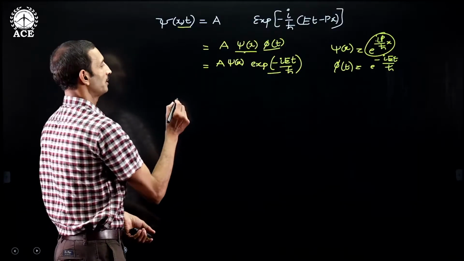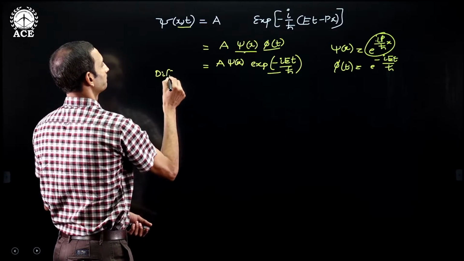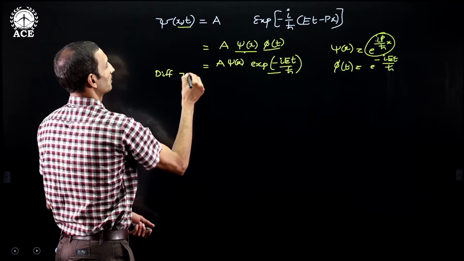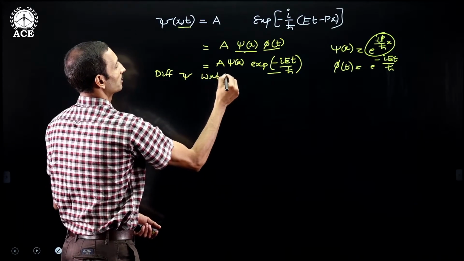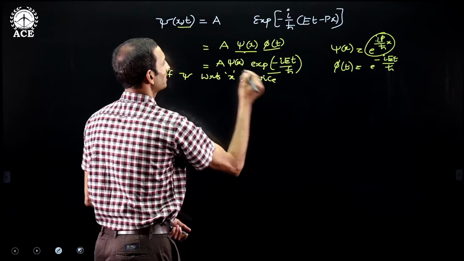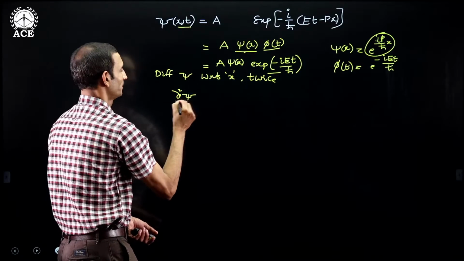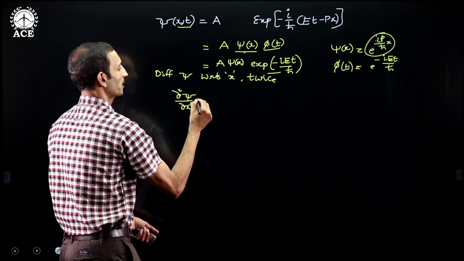Now I'm going to consider the same differentials, that means differentiating psi with respect to x twice. So what would we get? On the left hand side, this is del square psi by del x square.